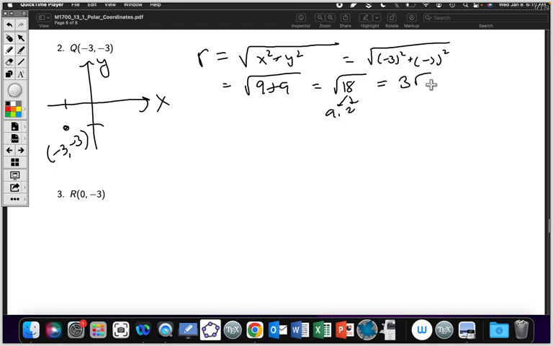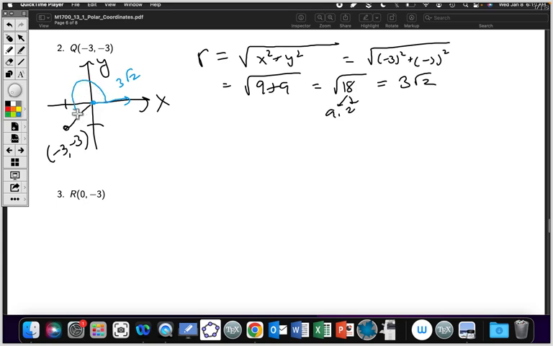So that would be 3 square root of 2. So that's my r value. That means this point lives on a circle of radius 3 square root of 2. In other words, the distance from the origin is 3 square root of 2 units.